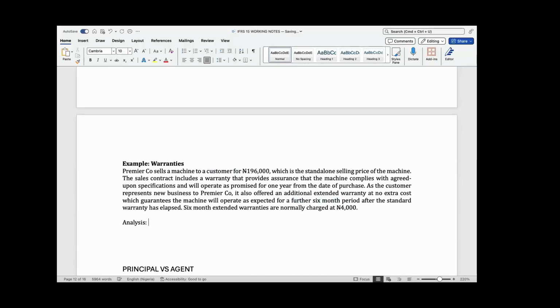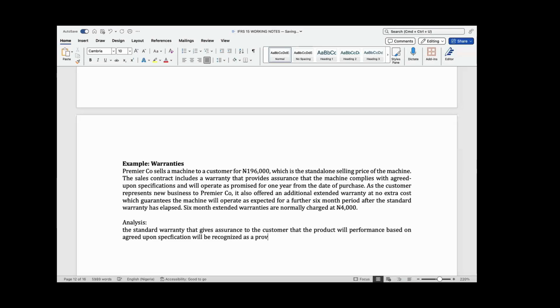So this one, the standard warranty that gives assurance to the customer that the product will perform based on agreed upon specifications will be recognized as a provision in line with IAS 37. So we need to make a provision for that.